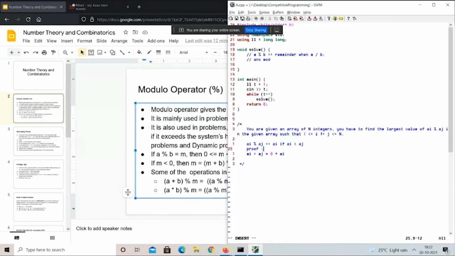Observation number 2 is AI modulo AJ will be less than or equal to AJ minus 1, and greater than or equal to 0. This is the observation number 2. And one more thing, while solving a competitive programming problem or any problem in your interview, make observations.